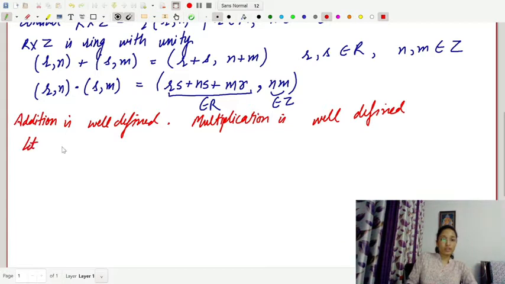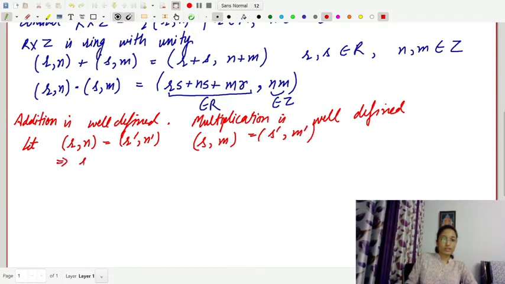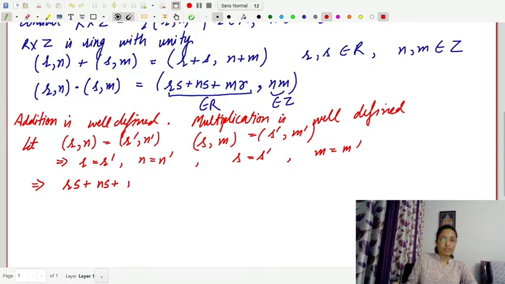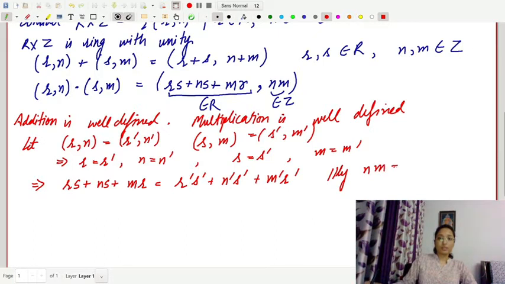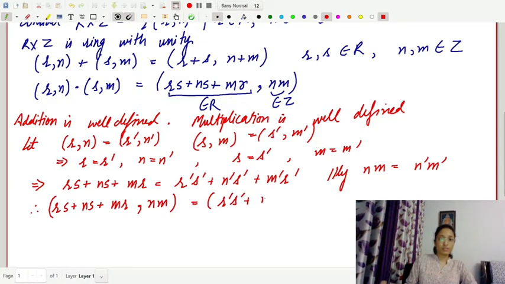For that, let (r, n) is equal to (r dash, n dash), and (s, m) is equal to (s dash, m dash), which in turn implies r is equal to r dash, n is equal to n dash, s is equal to s dash, and m is equal to m dash, which in turn implies rs plus ns plus mr is equal to r dash s dash plus n dash s dash plus m dash r dash, and similarly nm is equal to n dash m dash, and therefore (rs plus ns plus mr, nm) is equal to (r dash s dash plus n dash s dash plus m dash r dash, n dash m dash). Hence multiplication is well defined.